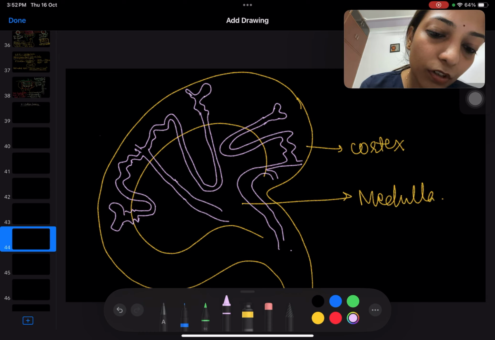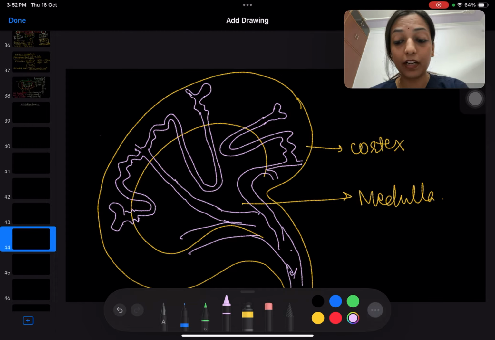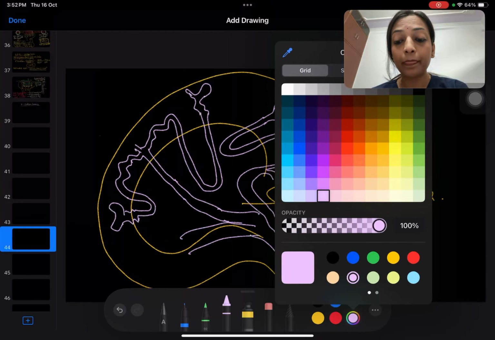Are you able to understand this part over here? I do not know how I've made it, but I really want everyone to understand. So can you see this is nephron number 1, this is nephron number 2, this is nephron number 3. What is the difference between 2 and 3? The loop of Henle in 2 goes up till the medulla, and in 3 it is not going to the medulla, it is in the cortex only, right?